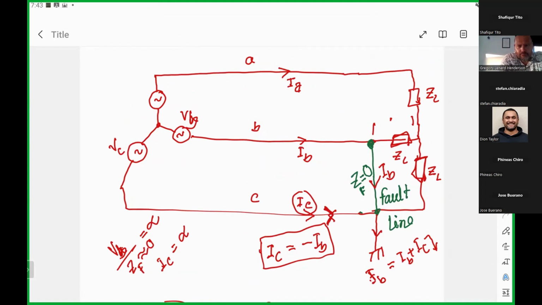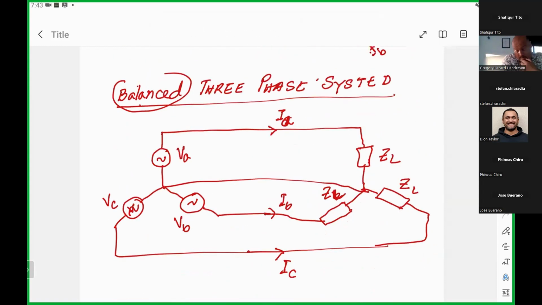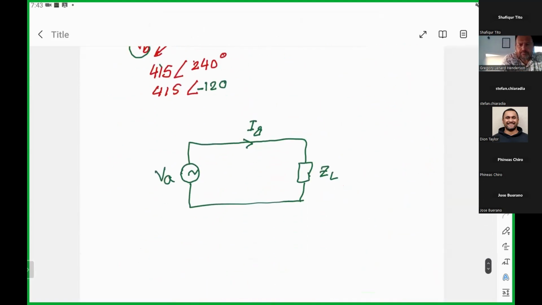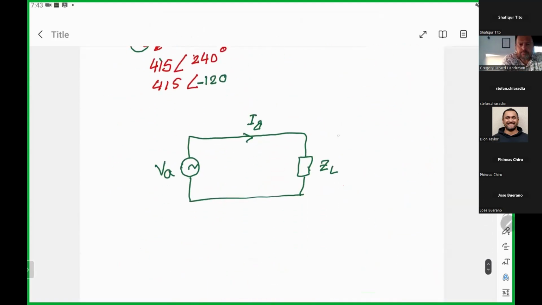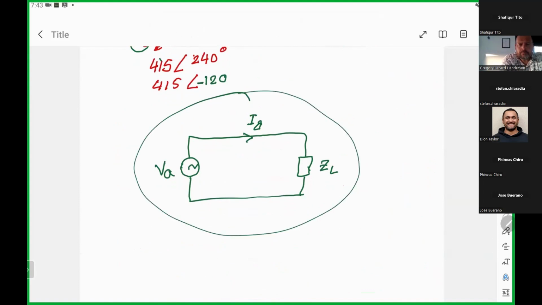An unsymmetrical fault happens and it becomes an unbalanced circuit. Whenever you have an unbalanced circuit, your calculation becomes very complicated. You can no longer consider a simple circuit like this one, or proceed with your analysis using only a single phase.